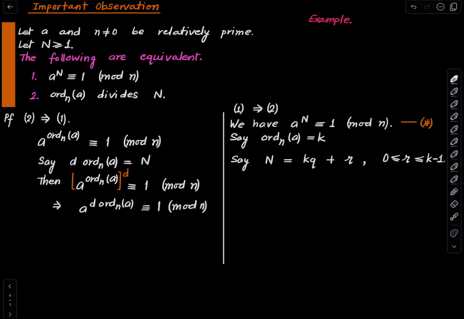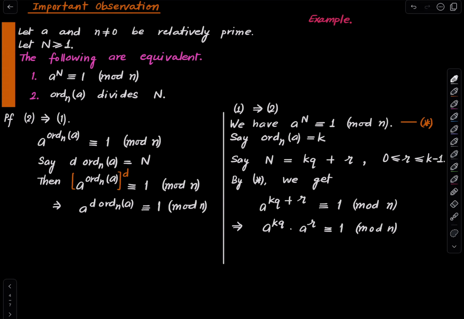So by star, we get a to the power kq plus r is congruent to 1 modulo n. Let me not skip a step. So this is a to the power kq times a to the power r, congruent to 1 modulo n.